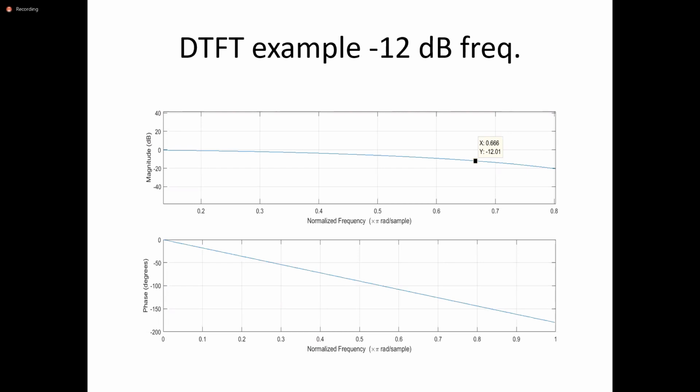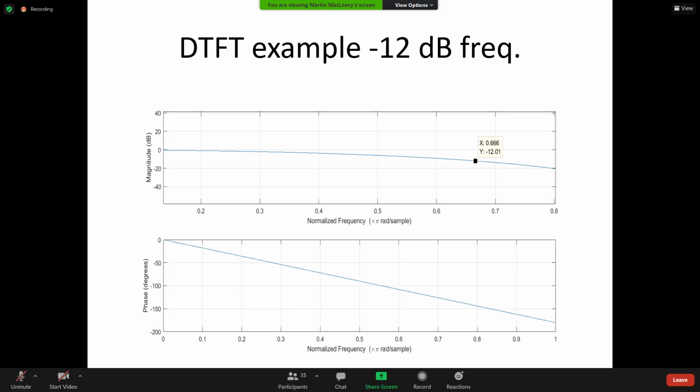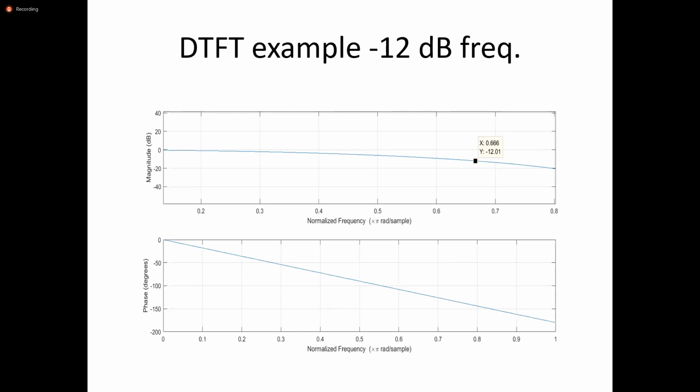Your sampling frequency is 2 pi, your highest frequency, then pi radians. And anywhere between 0 and pi radians, those are the frequencies that you can allow in your input signal.